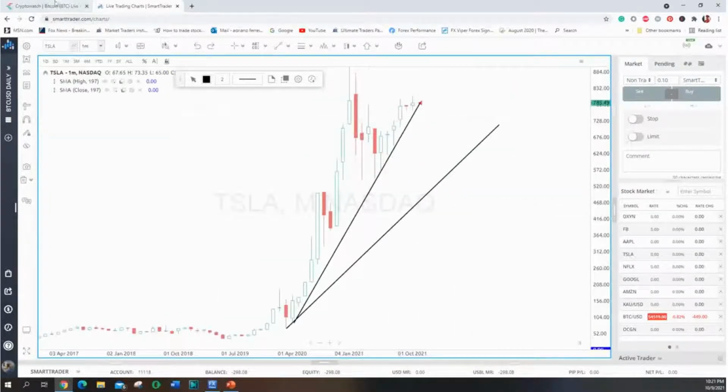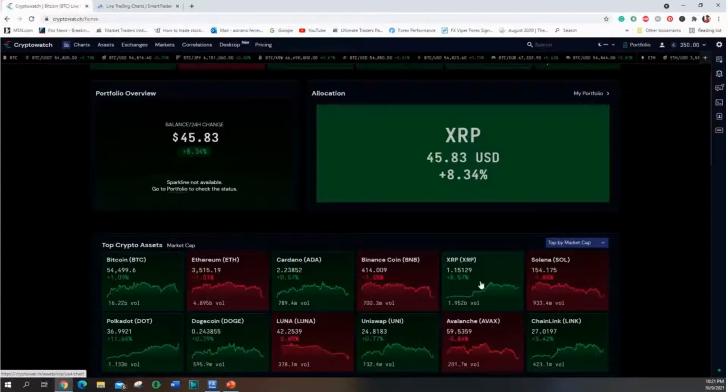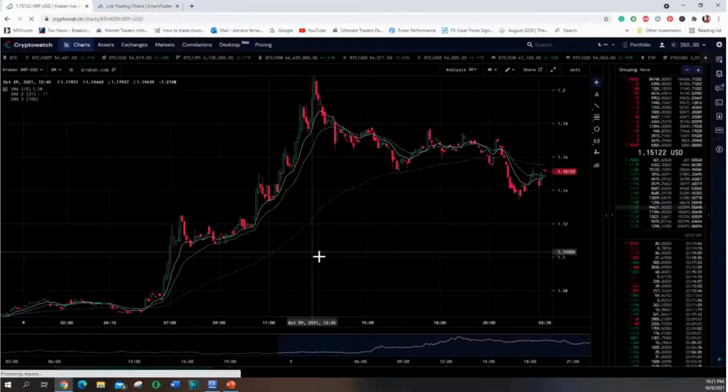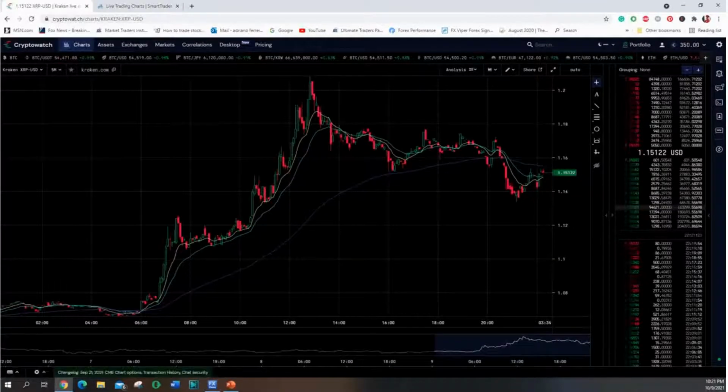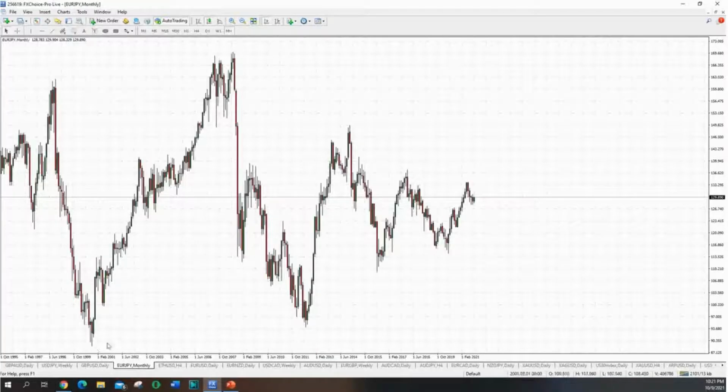So you can do this on crypto. You can do that on forex as well. We're gonna skip crypto for now. Let's do it on forex. There are more waves, and it's gonna be much easier for you guys to understand.